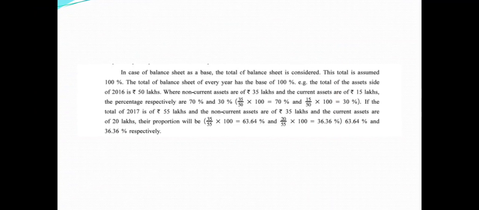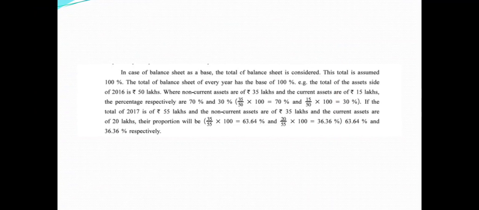So when we do the analysis of profit and loss statement, the base is sales, and when we do the analysis of balance sheet, the base is the total of balance sheet. This total is assumed 100%. The total of balance sheet of every year has the base of 100%.